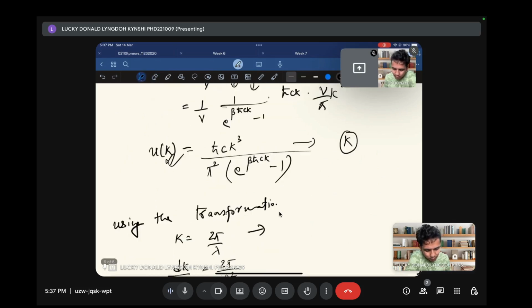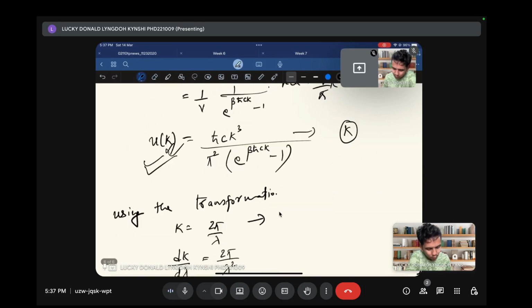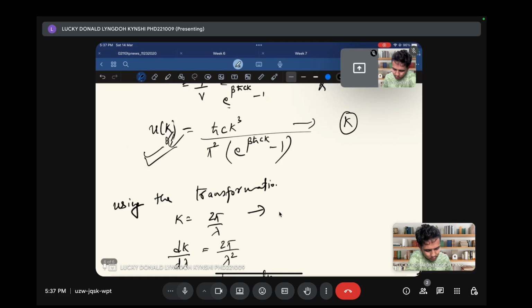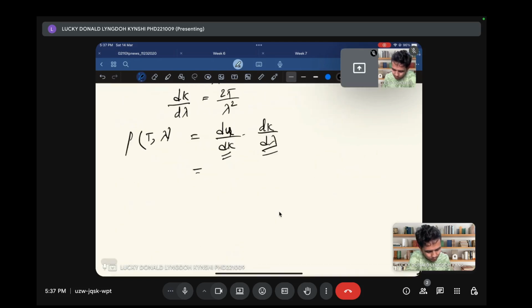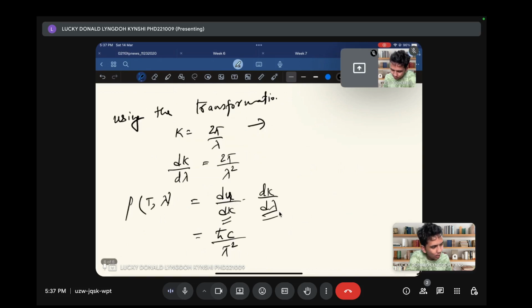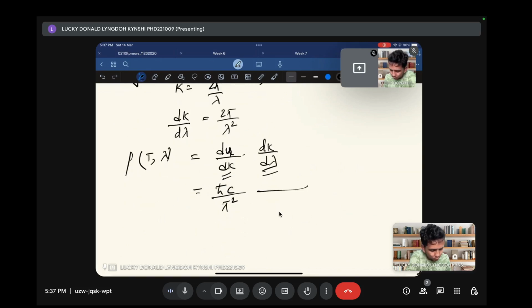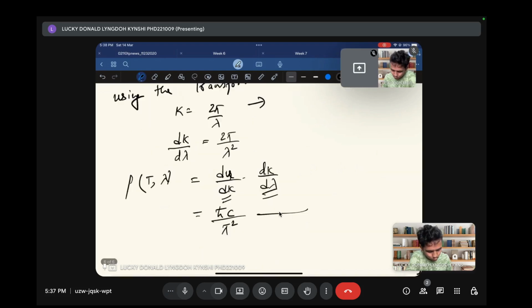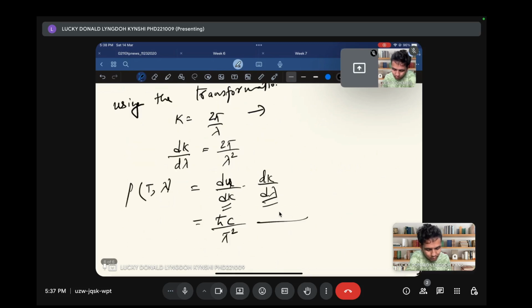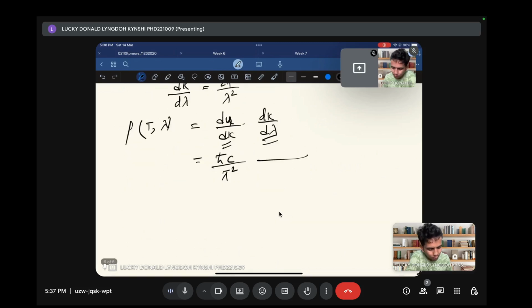Now du by dk is in fact this one. So we get h cross c by pi square, and then also this term h cross c k cubed. You know k, so you can write 2 pi by lambda whole cube.